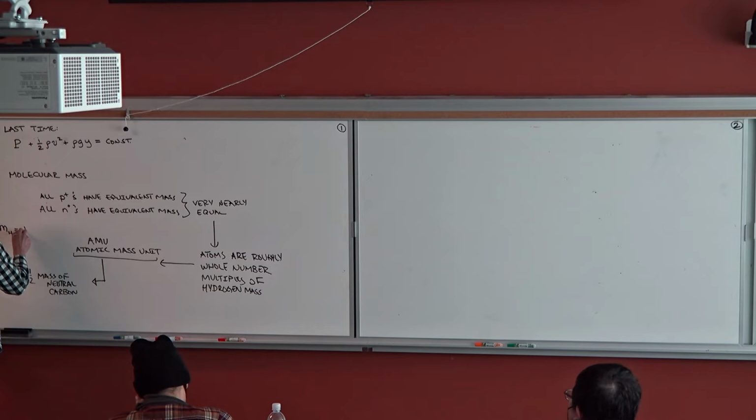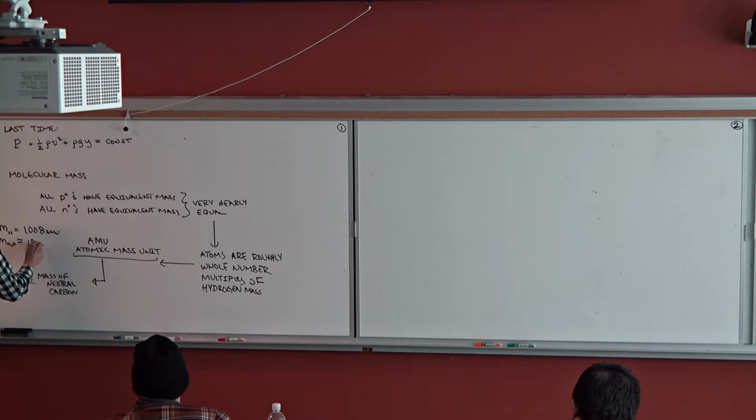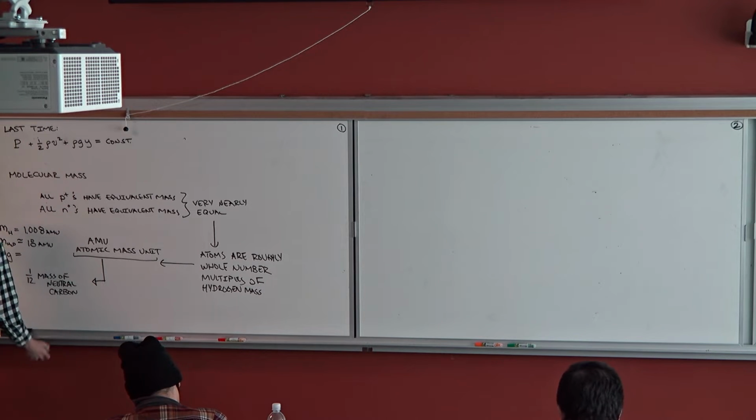H for hydrogen. And then we're going to say that 1 gram is an Avogadro's number of AMU.